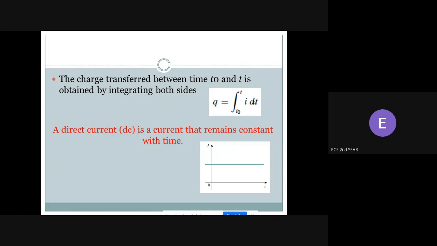Charge can vary with time in several ways, represented by different kinds of mathematical functions. If the current does not change with time but remains constant, we call it a direct current, or DC.